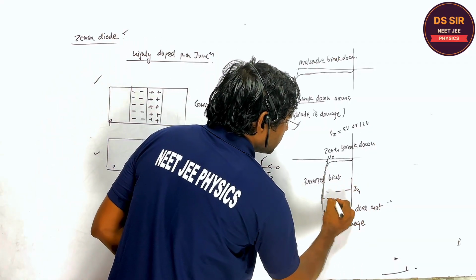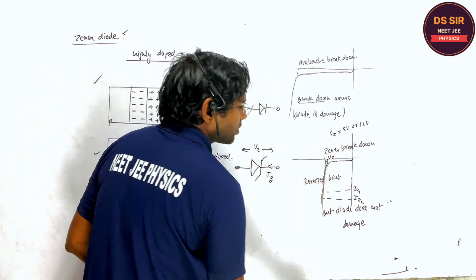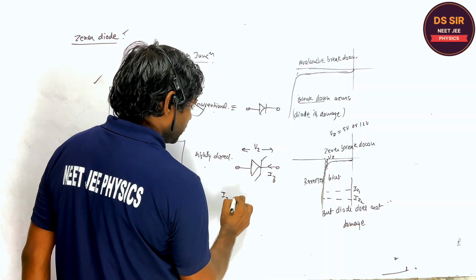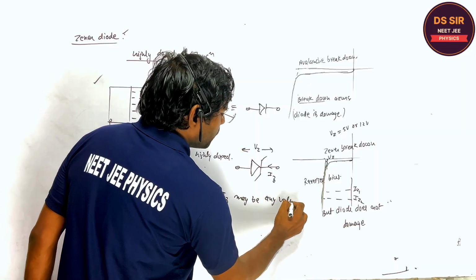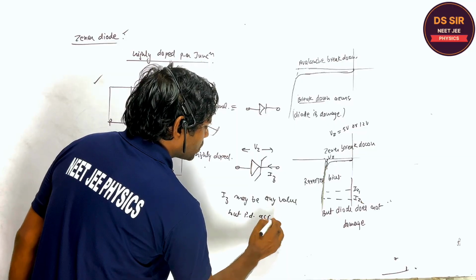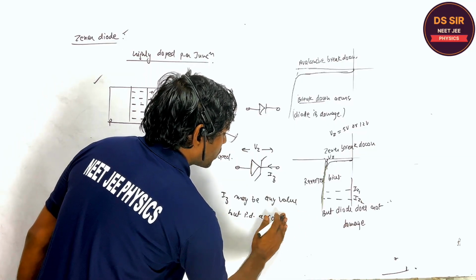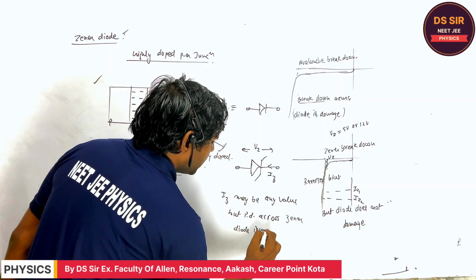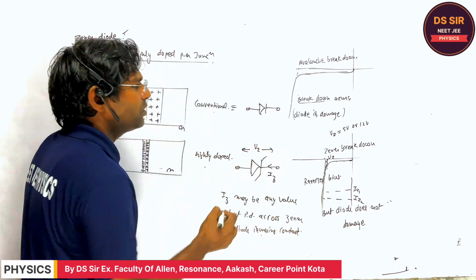This is IZ1, it may be IZ2, but the voltage remains approximately constant. This Zener current IZ may be any value, but the potential difference across the Zener diode remains constant, right? Are you getting or not?